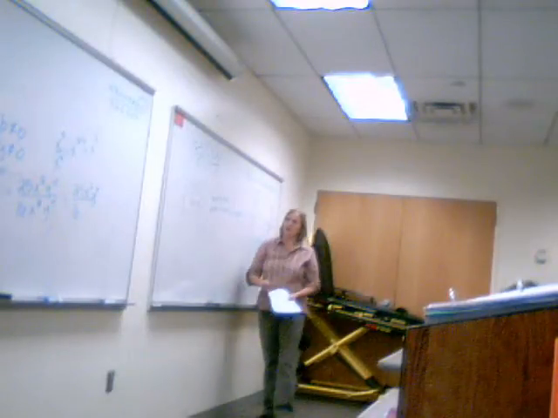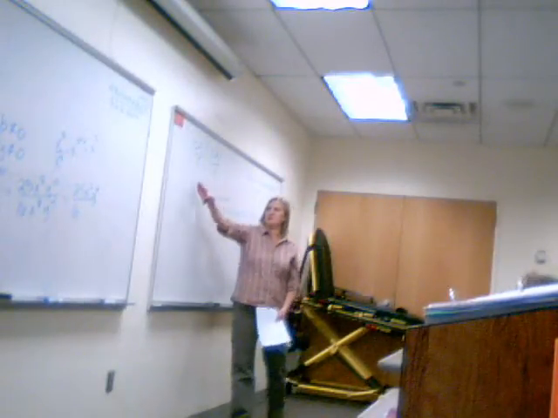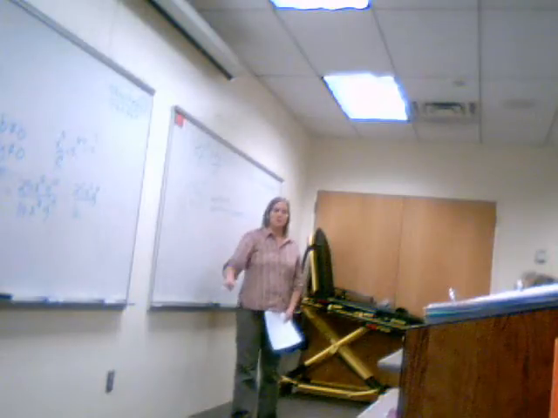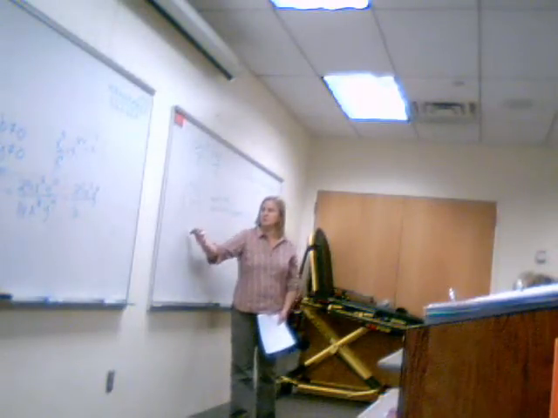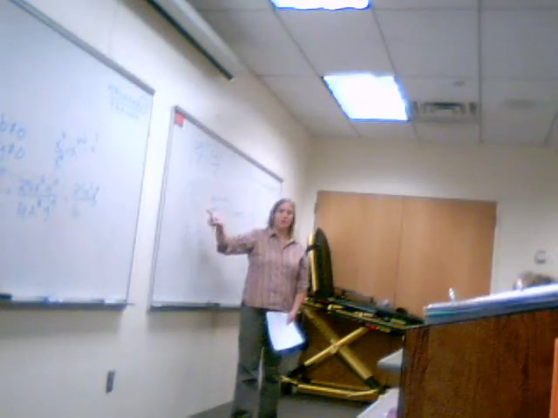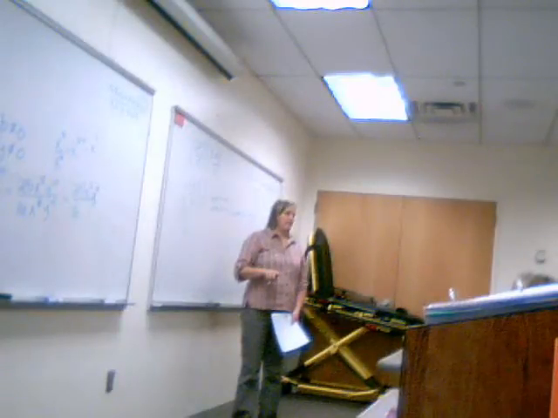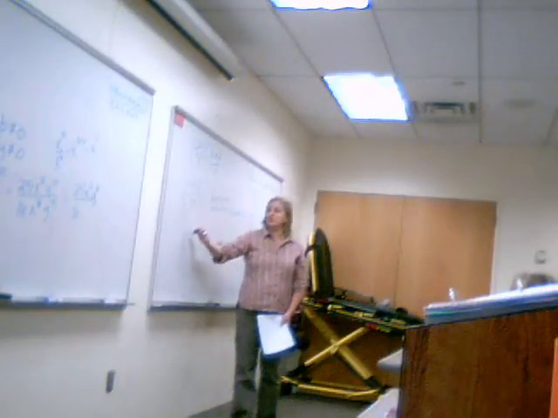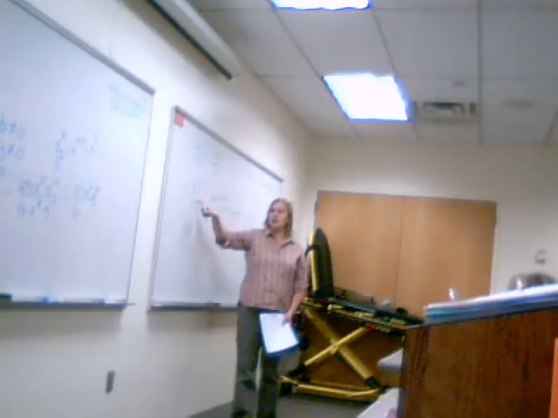Okay, so how can I simplify within here first? 9 divided by 3 is 3. X cubed over x is x squared because I'm subtracting their exponents.